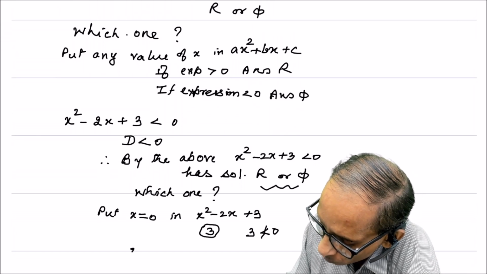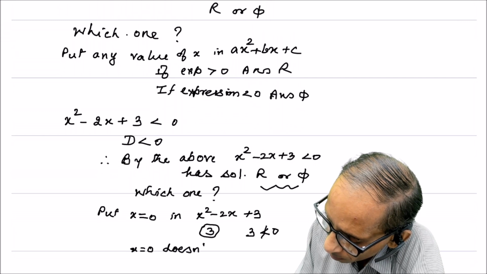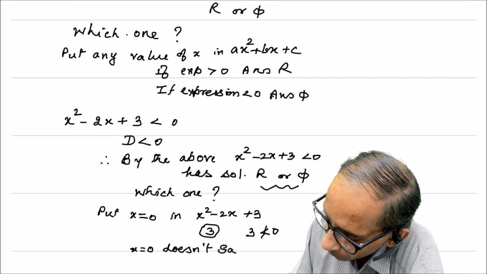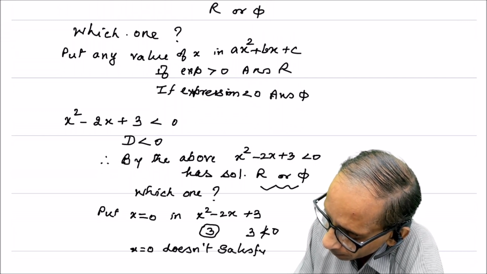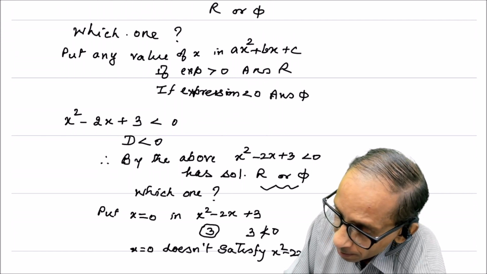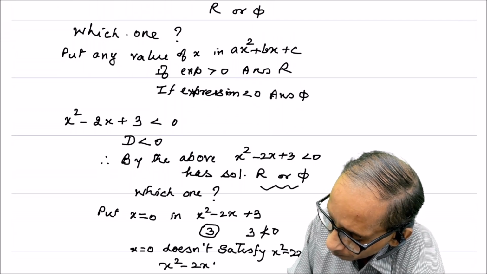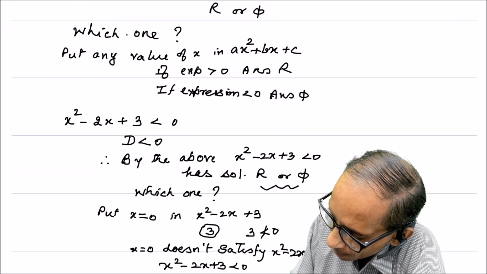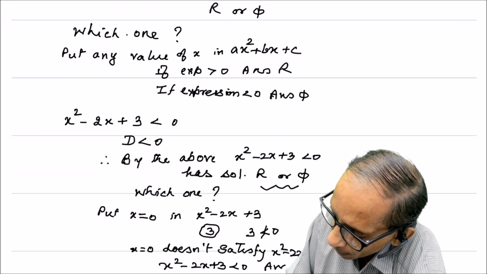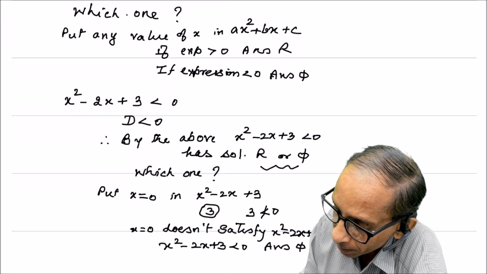So x equal to 0 does not satisfy x square minus 2x plus 3 less than 0. So the answer is empty set as we saw earlier.